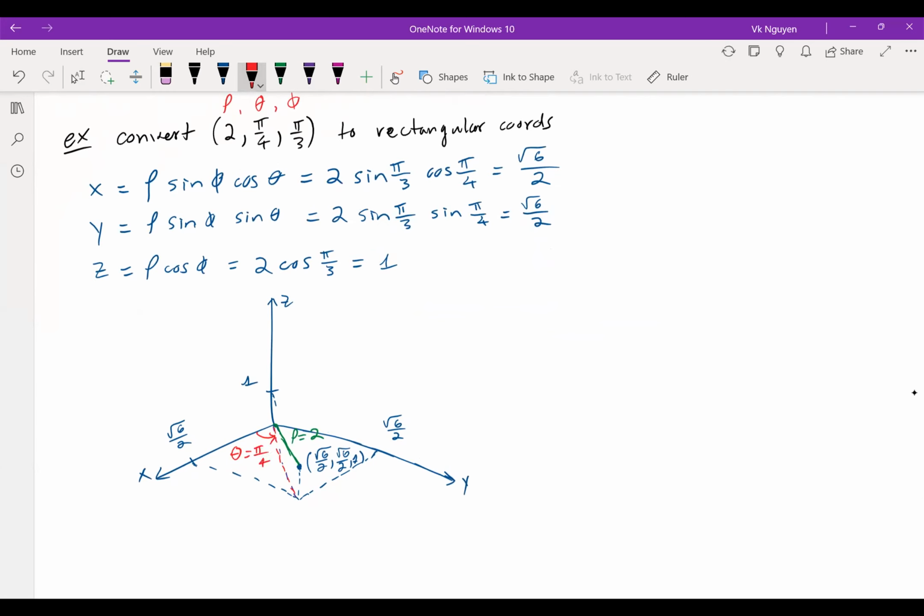Pi over 4, just halfway through. And then the angle phi, it's pi over 3. It's above the xy plane. Right.